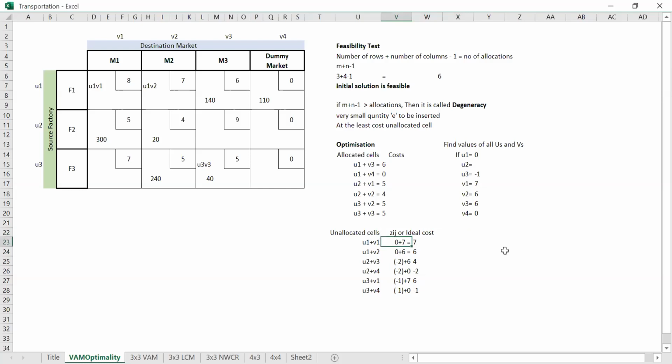So Zij, the ideal costs, are 7, 6, 4, minus 2 and minus 1, and then the actual costs: U1V1 is 8, U1V2 is 7, 9, 0, 7 and 0.